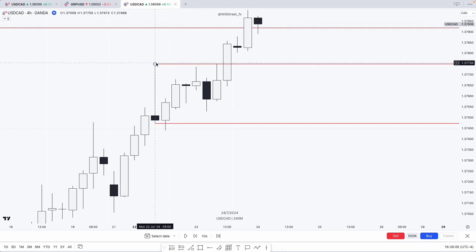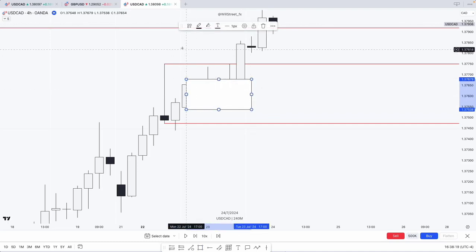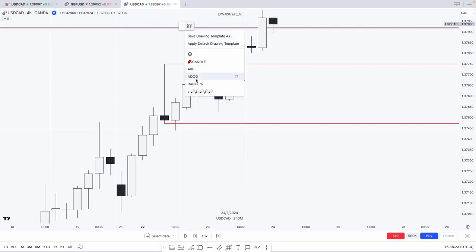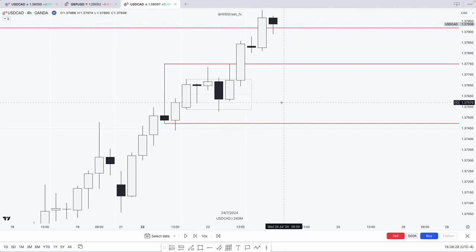Okay, so this is a clear range, right? Aiming the down liquidity, which is this one. But look at this. We need to restart this one before going higher. From here are our longs.